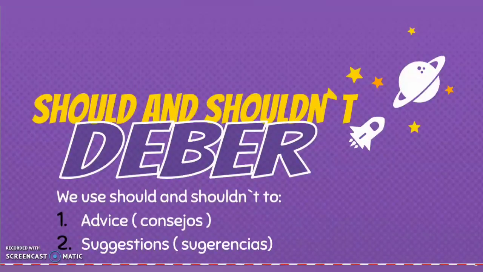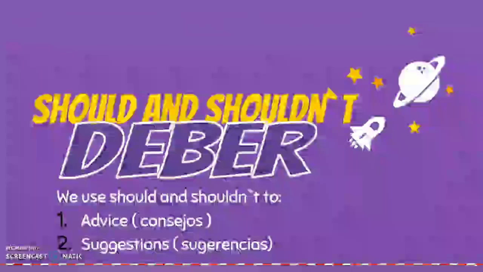Hoy vamos a ver dos tipos de verbos modales. Today we're going to work in two kinds of modal verbs. Should and can. Should, shouldn't. Okay, so let's start saying that should and shouldn't es el verbo deber en español, pero no es el deber de deber plata, sino el deber de, por ejemplo, cuando decimos tú debes ir a la escuela, tú deberías ir al médico, tú deberías ver menos televisión.